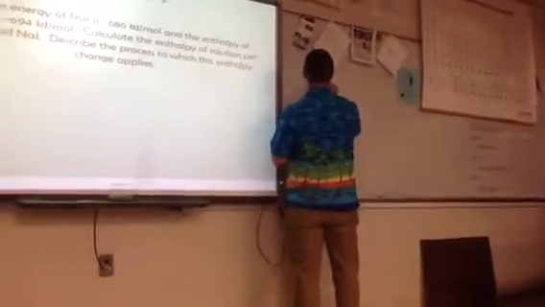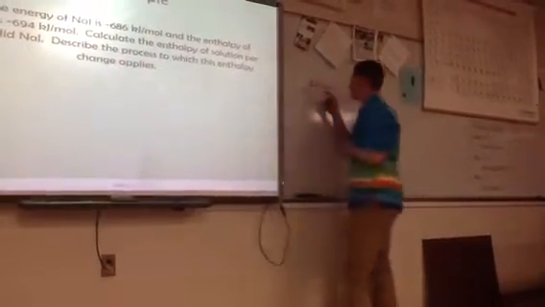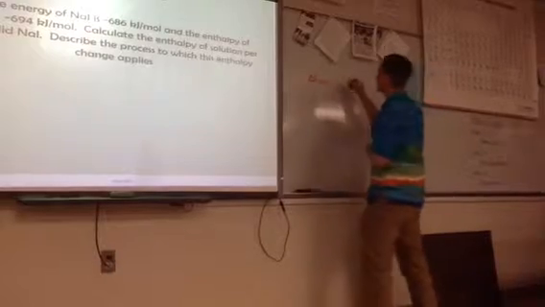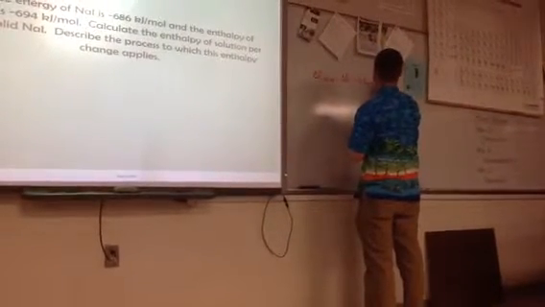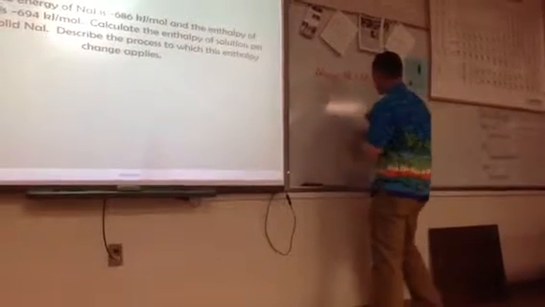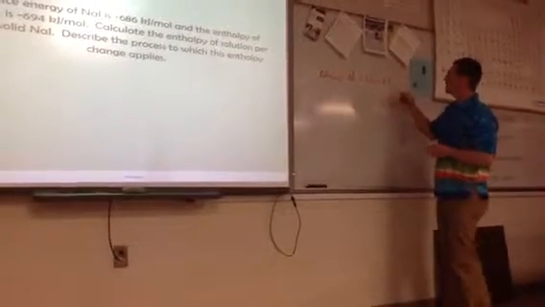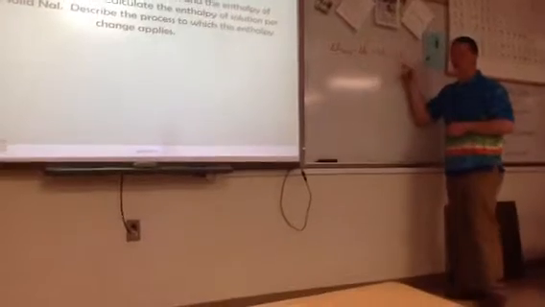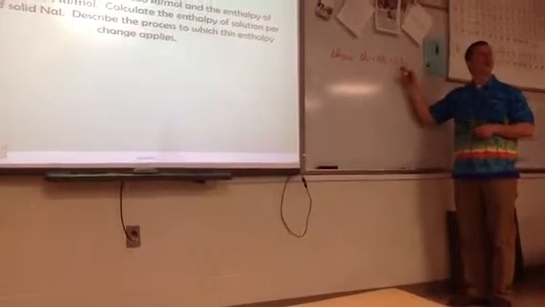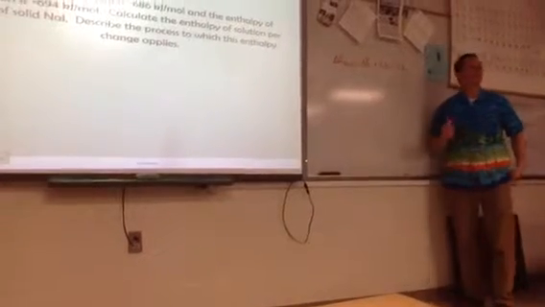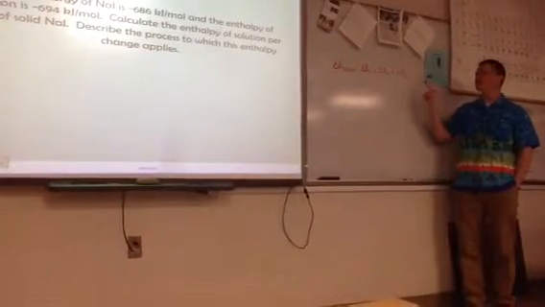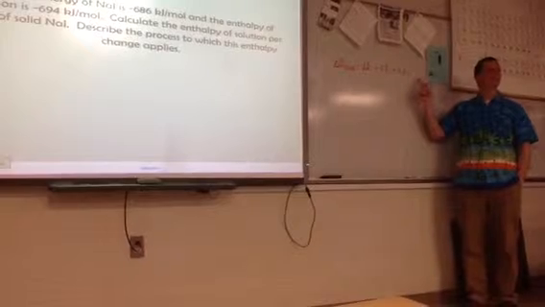So we have an equation that looks like this. Delta H solution equals delta H1 plus delta H2 plus delta H3. This delta H3 is the solute and solvent interaction. When would that be positive? When it's endothermic. When would it be endothermic? Repelling. Right.